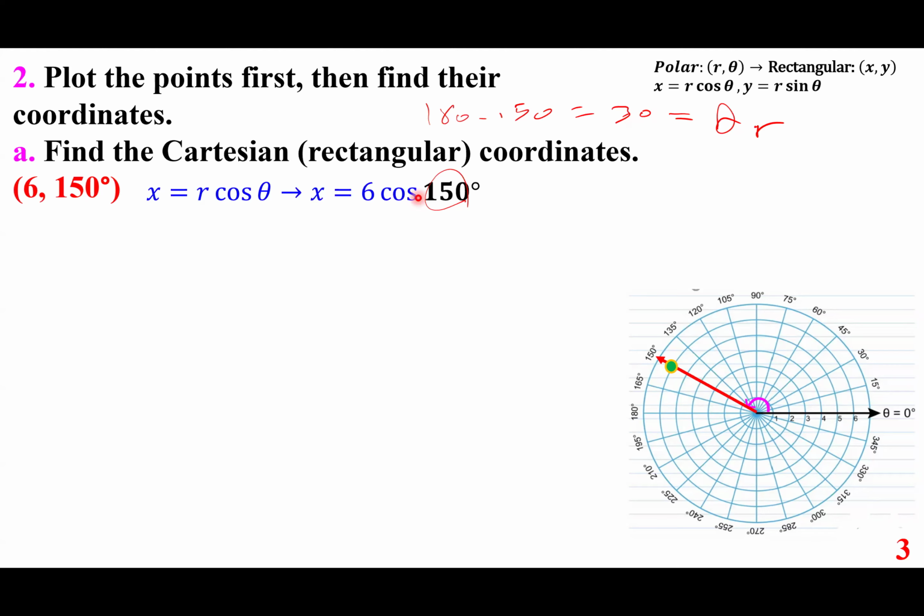Now, as you know, this is in the second quadrant, and cosine in the second quadrant is negative. Cosine of 30 is positive square root of 3 over 2, and this becomes negative square root of 3 over 2.